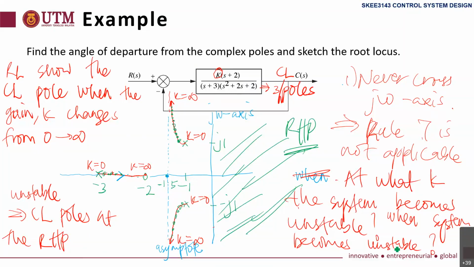So the answer is the system will always be stable at all values of K. Later, we will see another example where we can find K when the system becomes unstable.